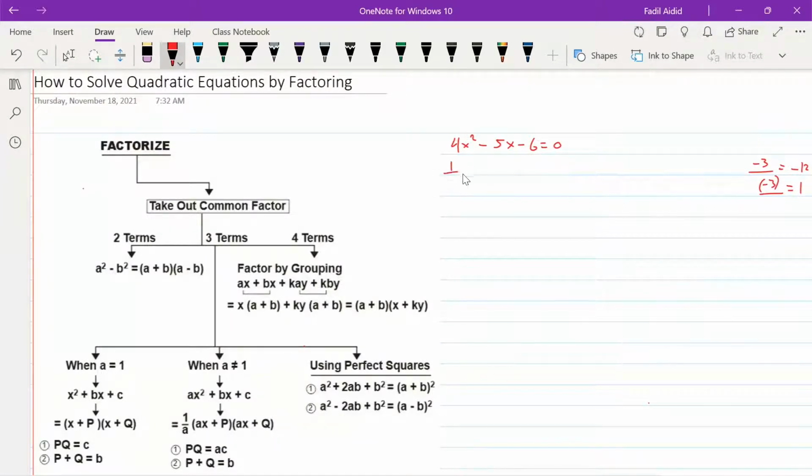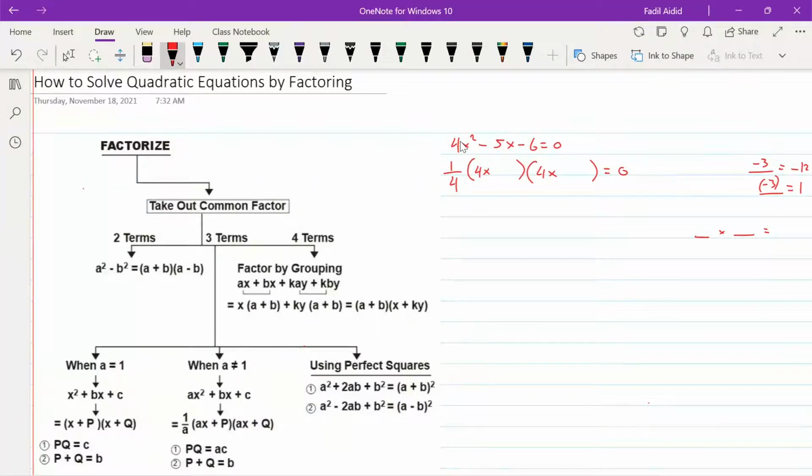So you write 1 over 4 here, and for x, just leave it blank, no need to write p. And then a bracket for x again, leave it blank, equals 0. You need to find the two numbers. If you multiply, well, this time is different. It's not just c like the previous one. This one must equal a times c.